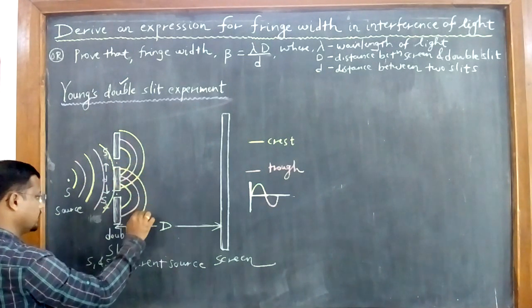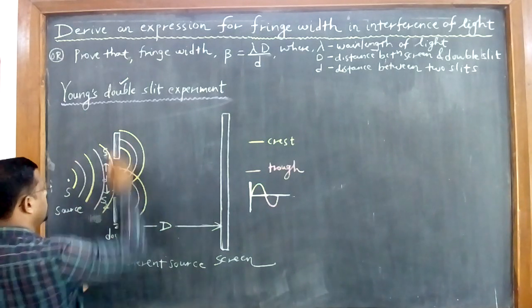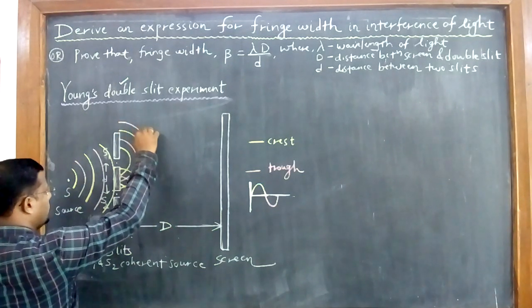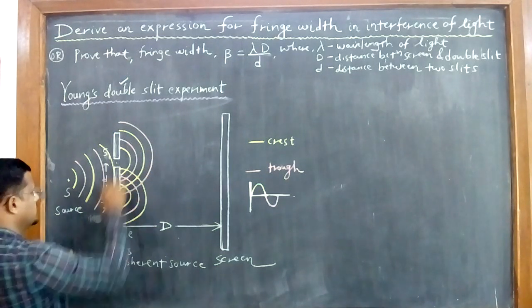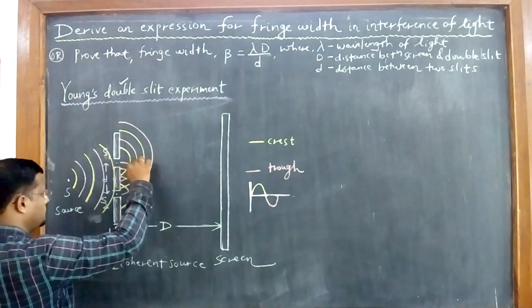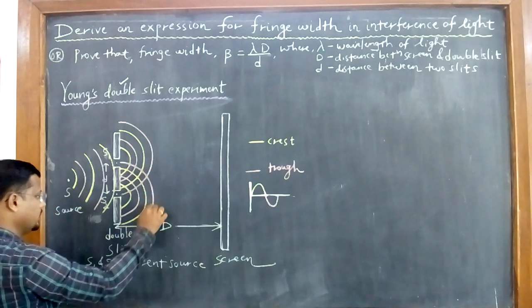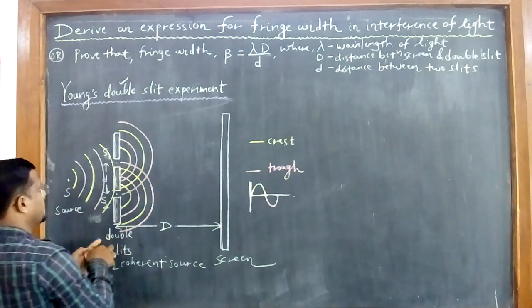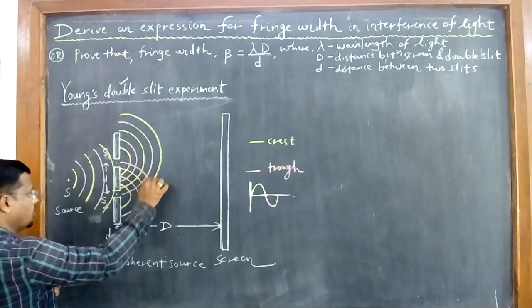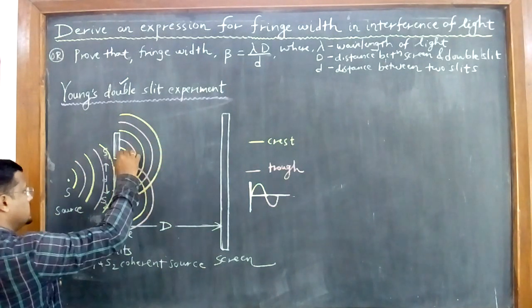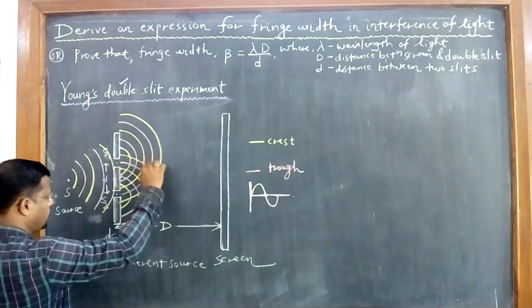After the crest you will have a trough, due to the source S1, and this side also a trough is going to form. After this trough, again a crest is going to form here, and due to that this side also a crest is going to form.